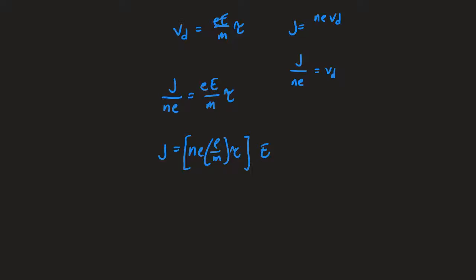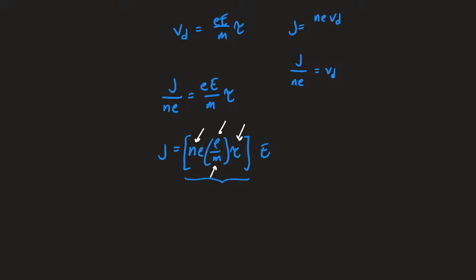Now, at this point, first, it has two measurements based on the material: average time between collisions and the charge carrier density. It has two values that are fixed constants.